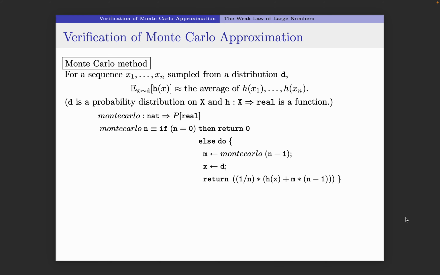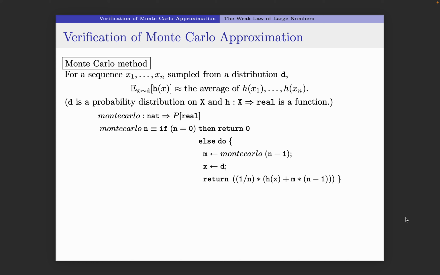This is the Monte Carlo method and the program we showed in the introduction. It computes the approximation of the expected value. And the approximation is the average of h of x1 to h of xn.